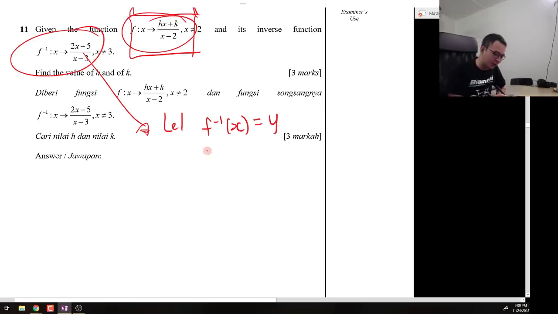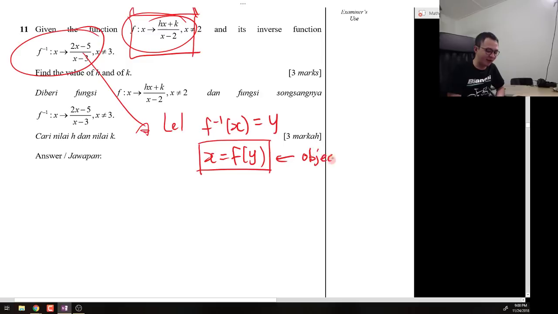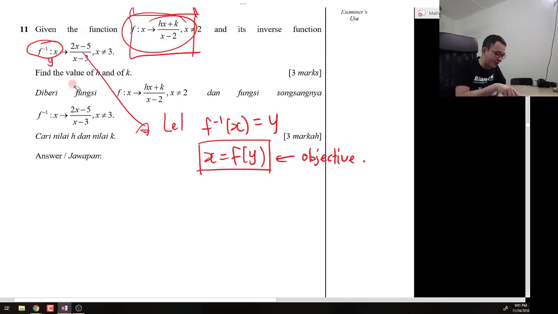Therefore my x equals f inverse y, I mean f(y), sorry. Okay, this is my objective. That means at the end I want to find what is x. I just made the f inverse become y. So I will sub the y into the f inverse. So y equals 2x minus 5 over x minus 3.